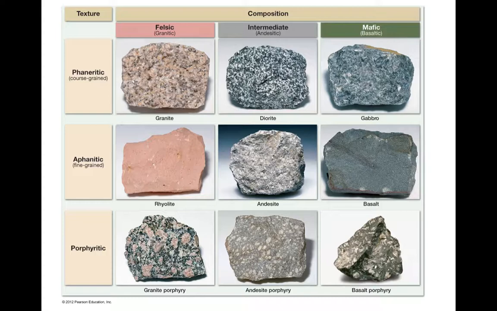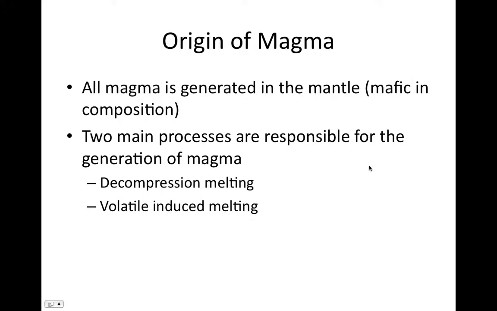So the intrusive felsic igneous rock is granite, the intrusive intermediate igneous rock is diorite, and the intrusive mafic igneous rock is gabbro. And the extrusive or aphanitic felsic igneous rock is rhyolite, the extrusive intermediate igneous rock is andesite, and the extrusive mafic igneous rock is basalt.